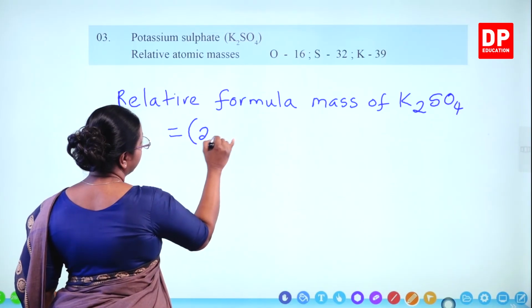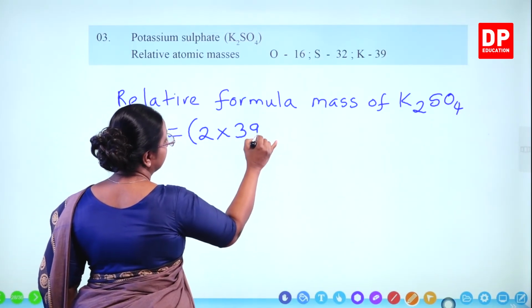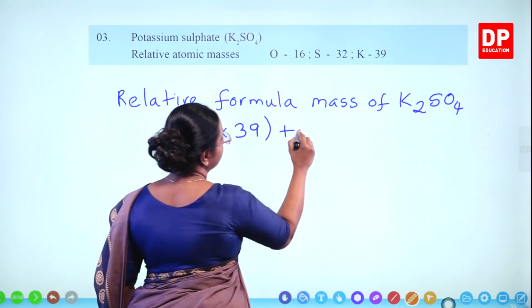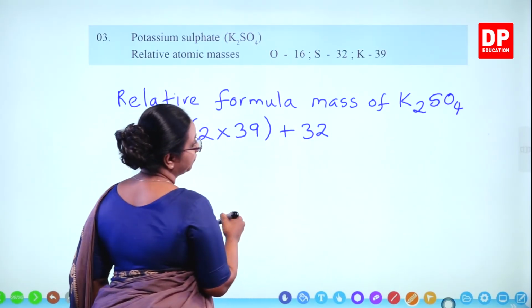So 2 times 39, plus we have 1 sulfur, so that is 32.